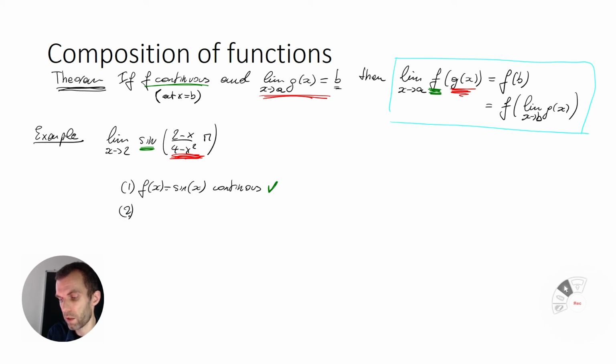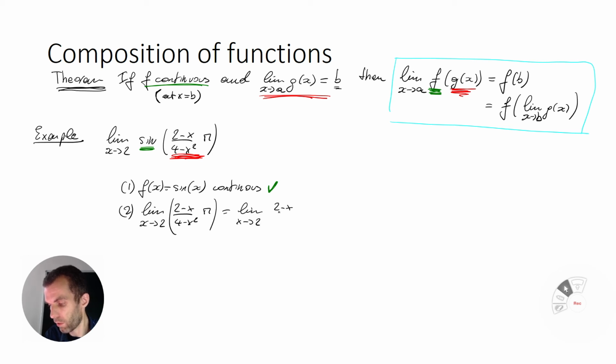Secondly, we have to find that b. The limit of x going to 2 of (2 minus x)/(4 minus x squared) times pi is, I can factor 4 minus x squared as (2 minus x)(2 plus x), times pi. These two drop out, and I get that my limit is pi over 4.